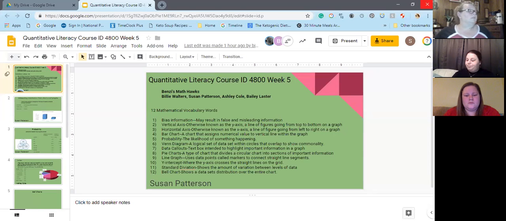Okay, a bell chart actually helps us to see the main group of the data that we've collected, and the standard deviations within the bell chart show us what information is not in that main average. For example, with the college sleepers, most of them were between 5 and 9.5 hours of sleep, and the ones that were more or less started filling out the chart going in either direction from the averages.